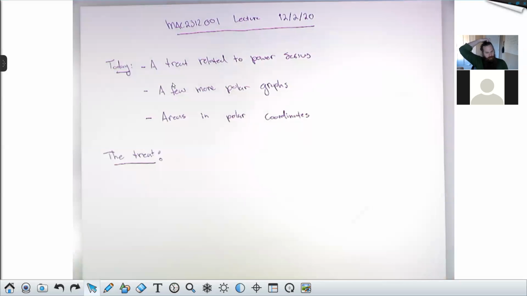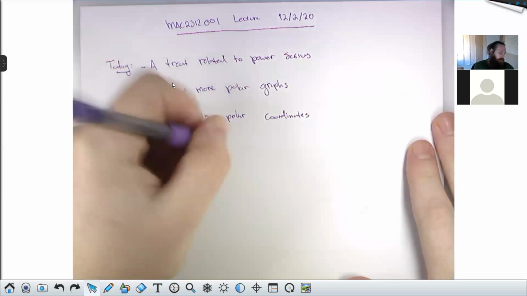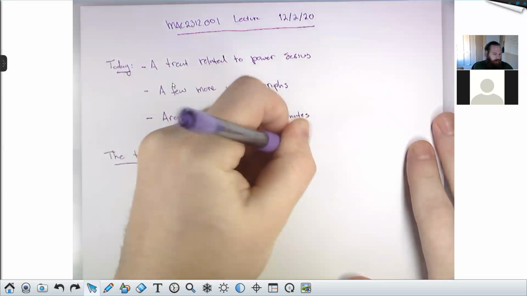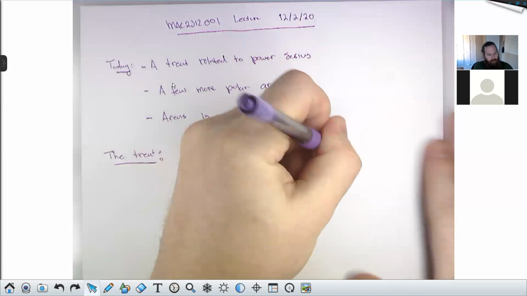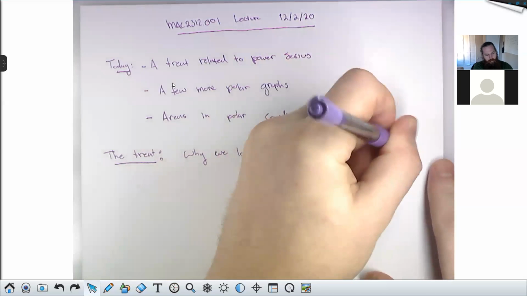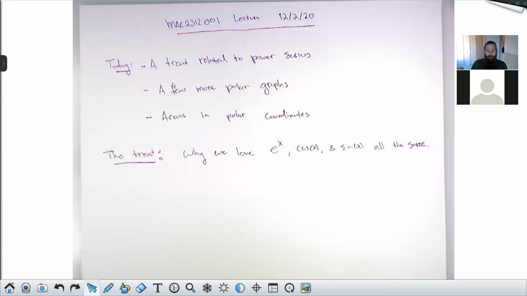Throughout the semester, you've heard me allude to something special about exponentials and trig functions. You may have noticed that mathematicians, math teachers of your past, or physicists all kind of treat these three functions with the same sort of reverence, meaning we love them all about the same.